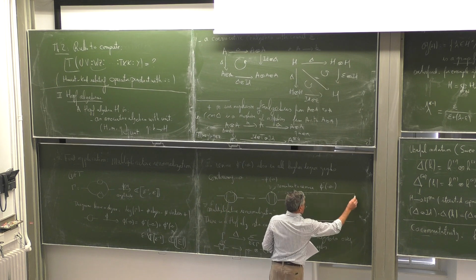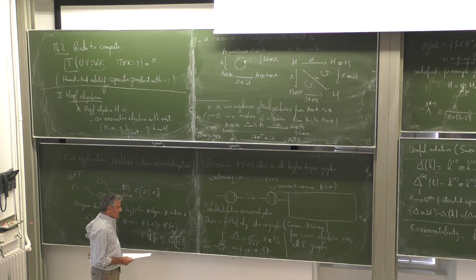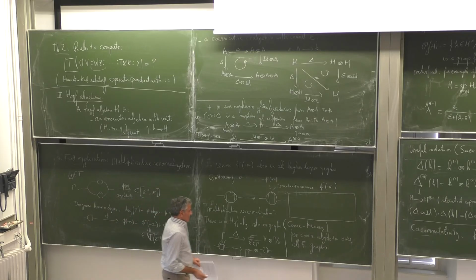Now, how can I encode Hopf algebraically multiplicative renormalization?